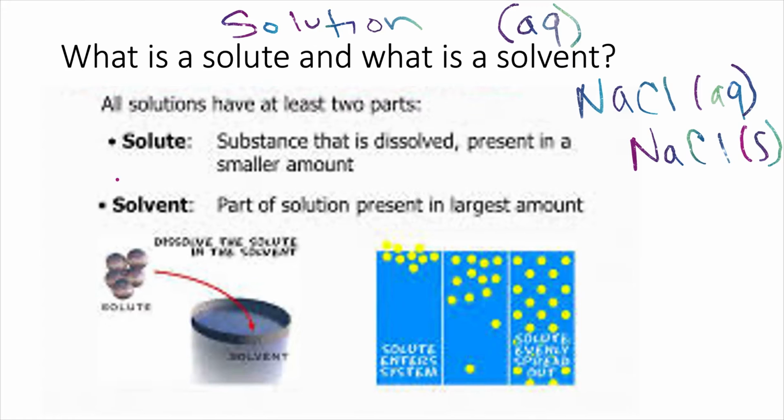And a solute is a substance that's being dissolved, versus a solvent, which is something that is doing the dissolving. An example would be when we make iced tea, the solute would be the powder mix, and the solvent would be the water that we put the mix in to make iced tea.